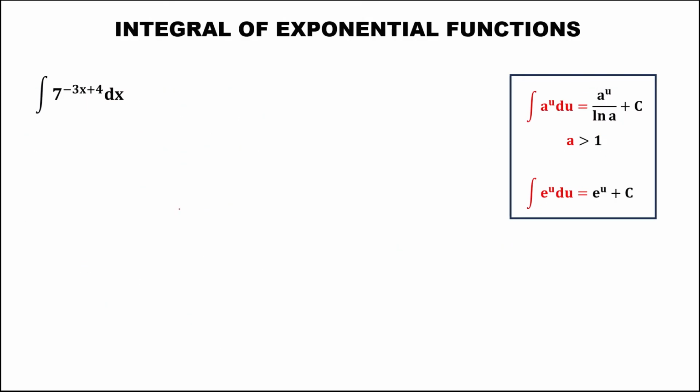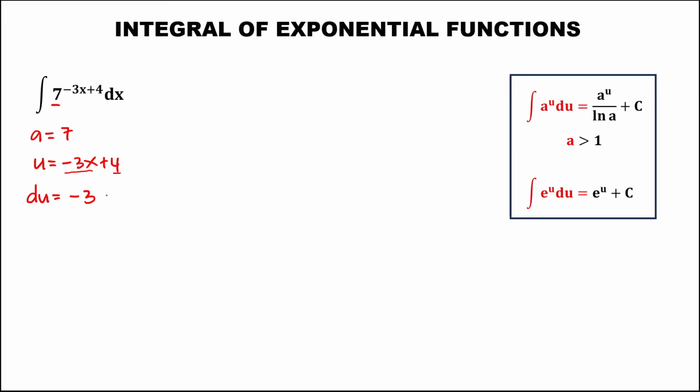Then for this given, to evaluate the integral, a is the base, this is 7. Then u is negative 3x plus 4. Then du, the derivative of u: the derivative of negative 3x is negative 3, and the derivative of a constant is 0.